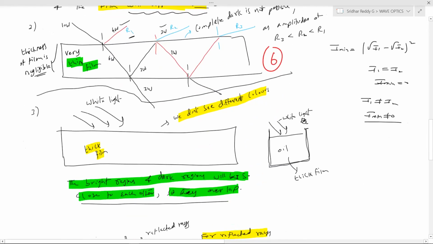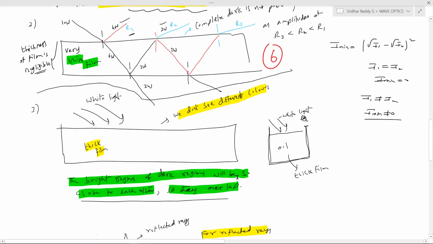Next, after this condition, what happens if the film is thick? The third condition. Thick in the sense like I pour oil in a container. Let me pour some oil in a container. Then let me make a white light incident on it.